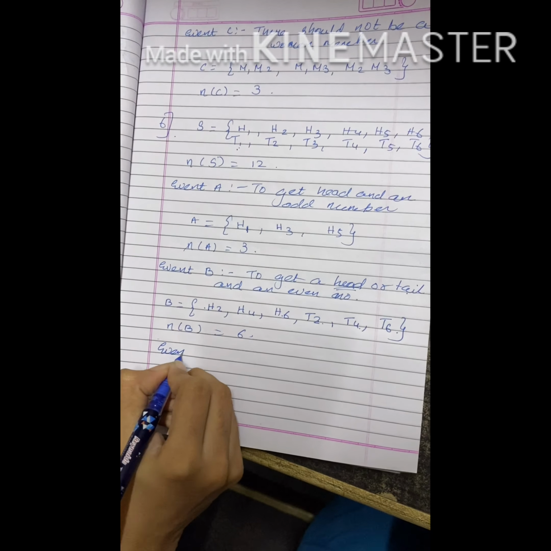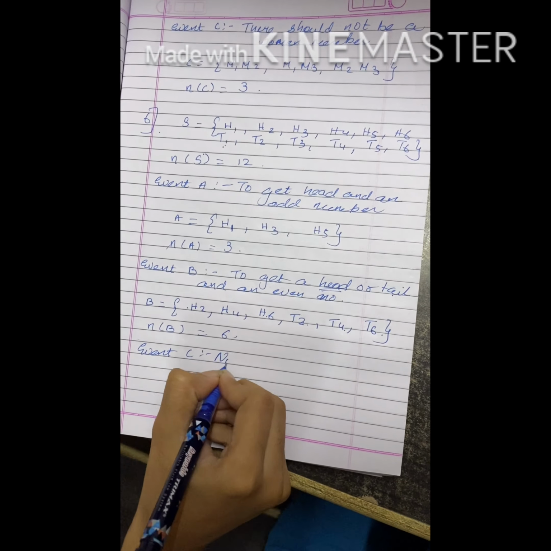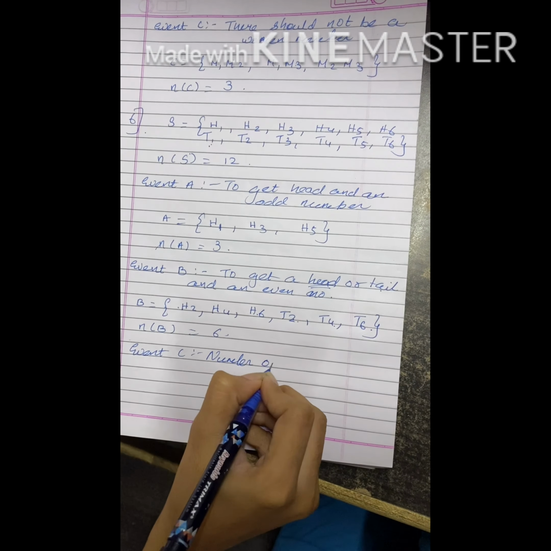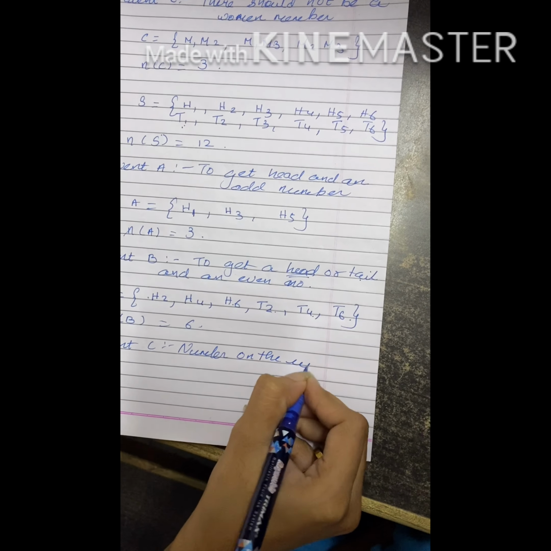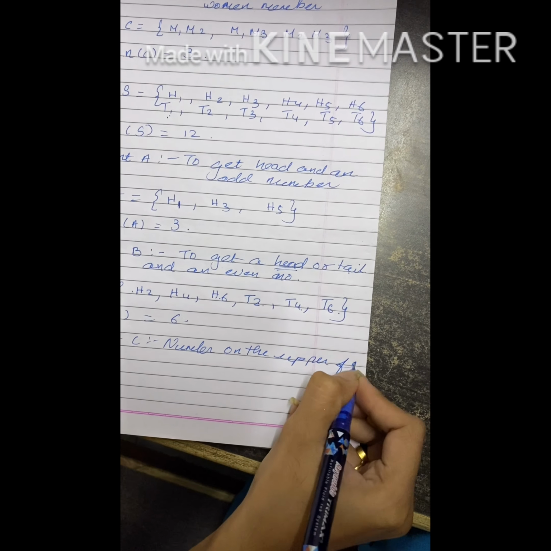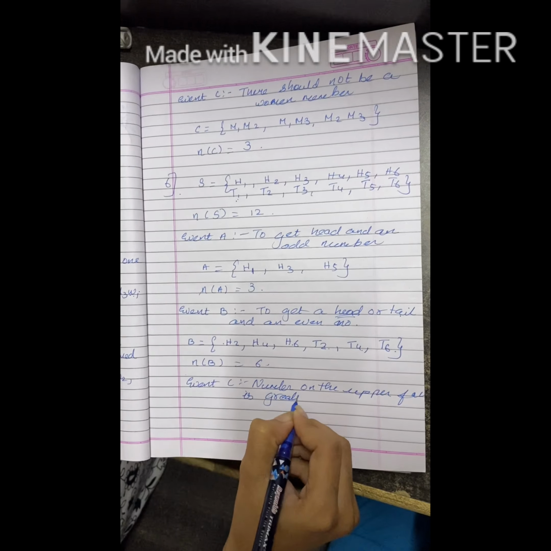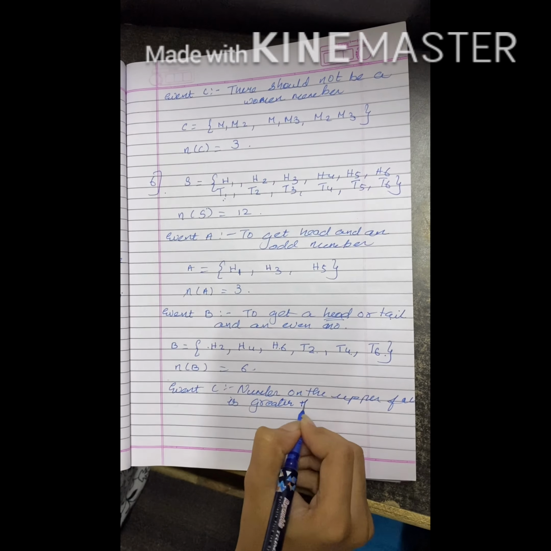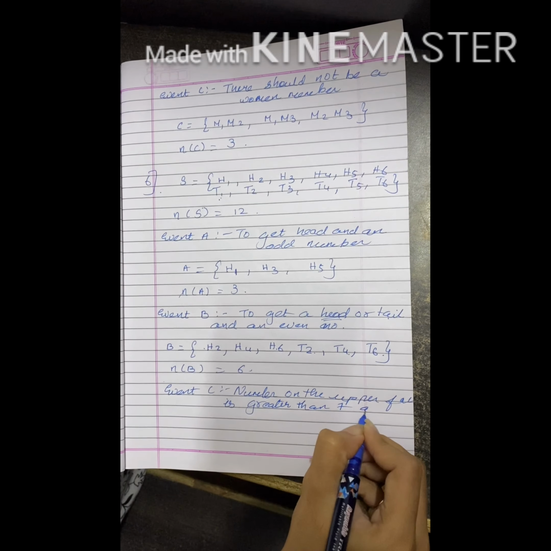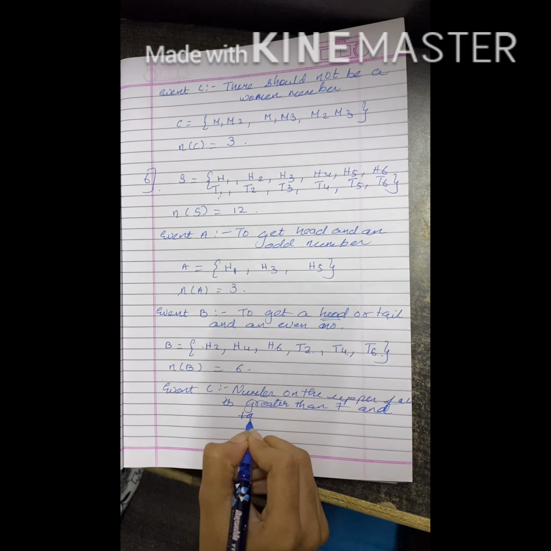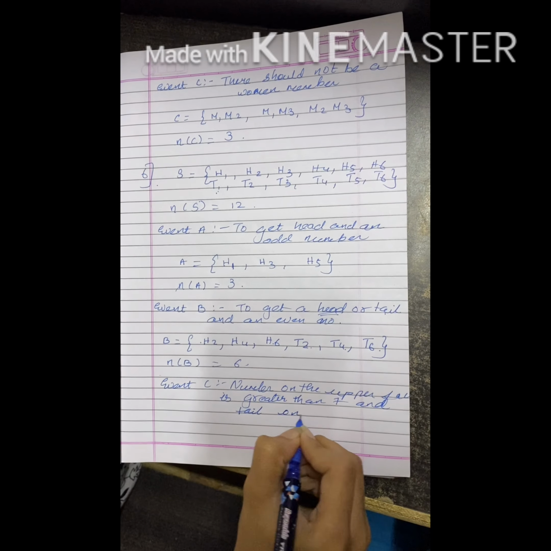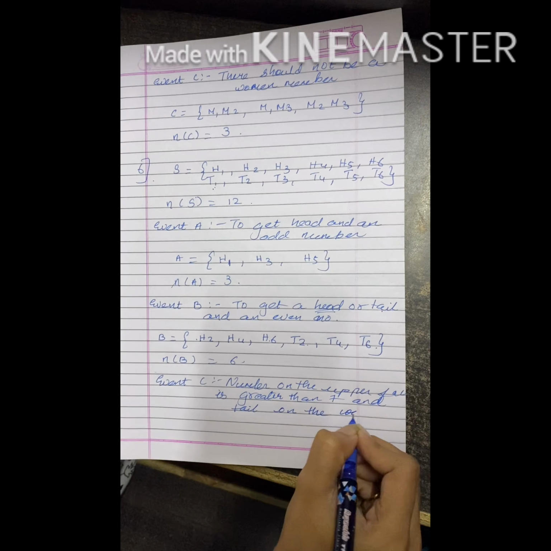Next event C, number on the upper face is greater than 7 and tail on the coin.